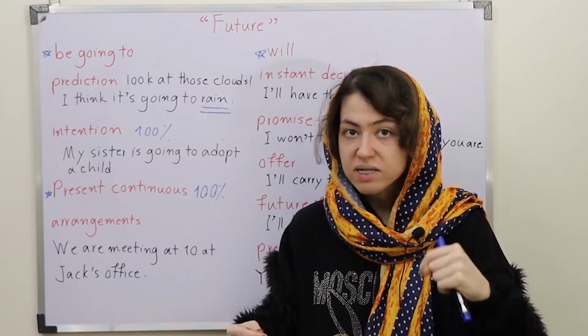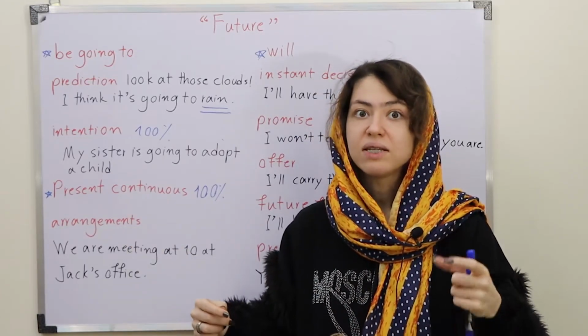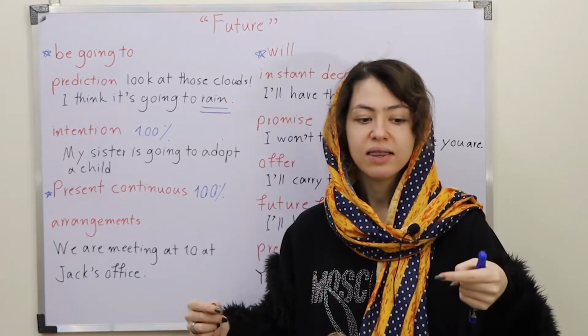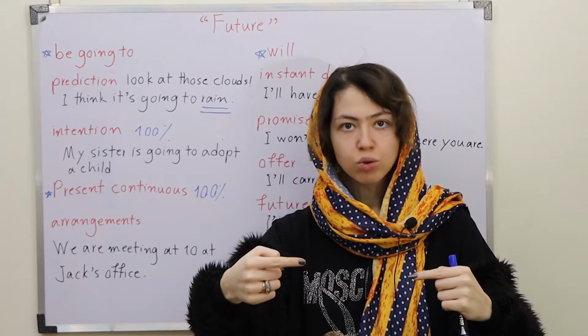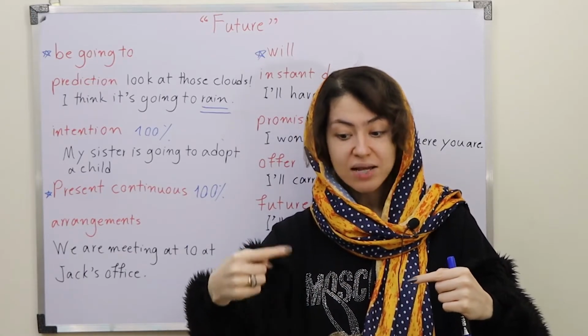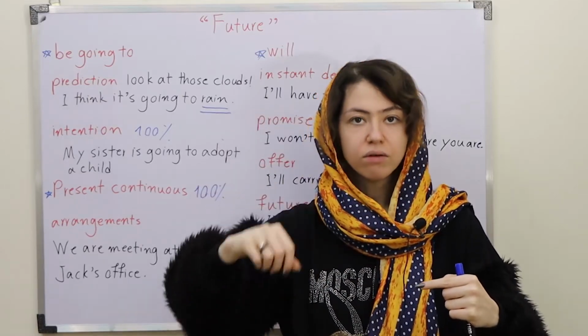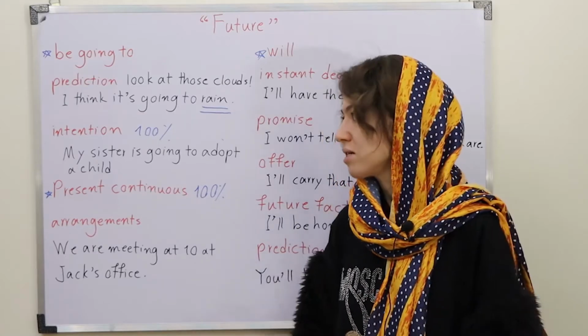Because of that, we say that present continuous is for the immediate future, because we are on the last step. But with be going to, we are on the first step. We should just pass the steps in order to fulfill the task. So that was the nicety about that.